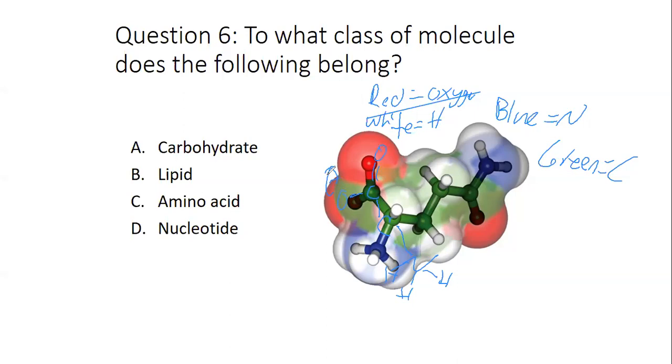A lot of times when you look at papers or textbooks, this is a much prettier way to show molecules than just the carbon skeleton. Scientists get bored after a while, and so they want to make their molecules look super pretty when they publish stuff. So this is often a way they're going to show things. But like I said, this is good in that it'll show you the charge. So this part of the amino acid is negative.